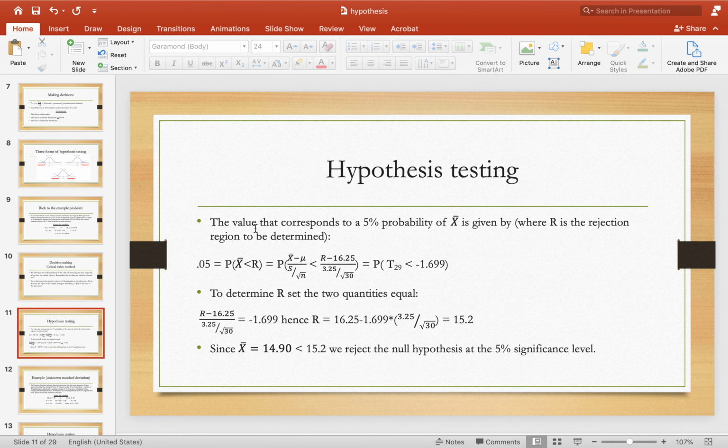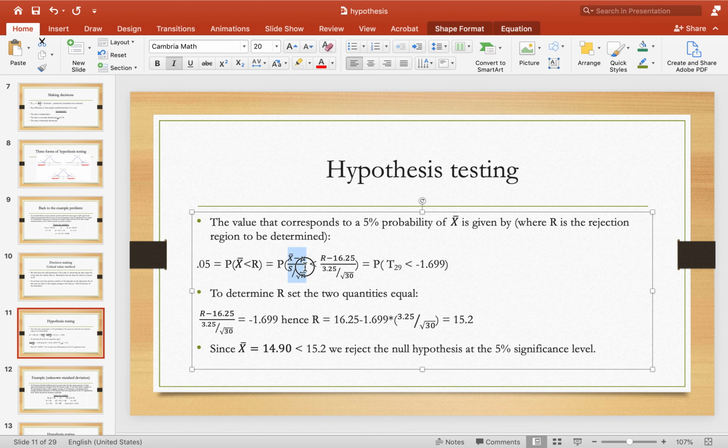So I'm going to calculate the 5% region, and the probability x bar is less than that region has to be equal to 5%. We use the t-distribution here. This is the t-distribution: x bar minus mu divided by sample standard deviation over root n. We saw that in the earlier slide. And I do this to both sides, and I get a t-distribution. And from the t-distribution, I see that the value of minus 1.699 corresponds to a 5% probability.